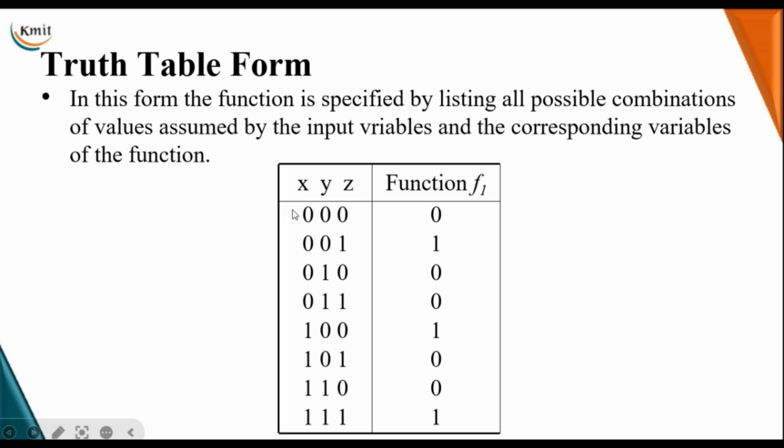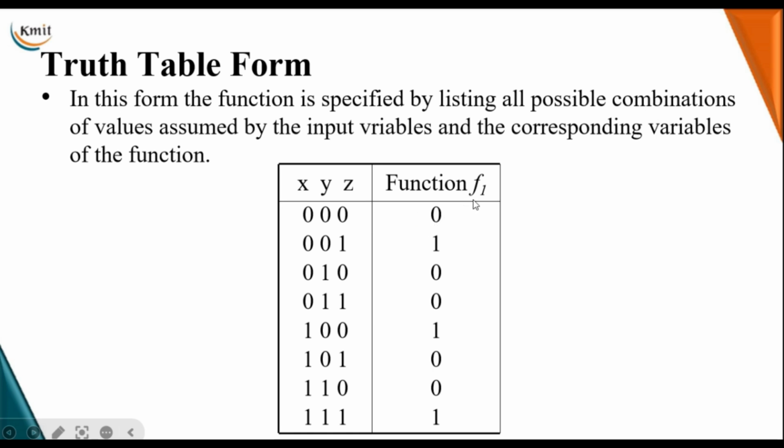Here I have taken 3 variables and substituted the possible binary values, starting from 0 0 0 to 1 1 1. For each possible combination there is a corresponding function value, zeros or ones.